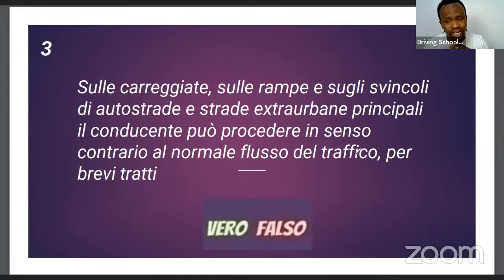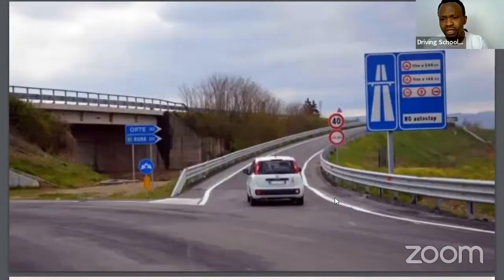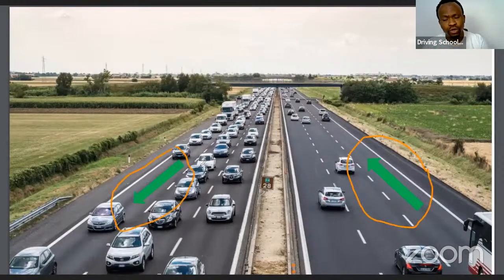Normale flusso del traffico, that is the normal flow of circulation or of the traffic, you understand? Now, in this type of road, I try to indicate this green arrow to show you the normal flow of circulation or of traffic here.